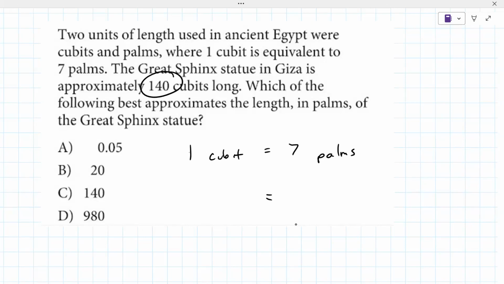They're giving us the cubits. It helps to write a table like this that might help you answer the question. 140 cubits equals 7 palms. No, 1 cubit is 7 palms.